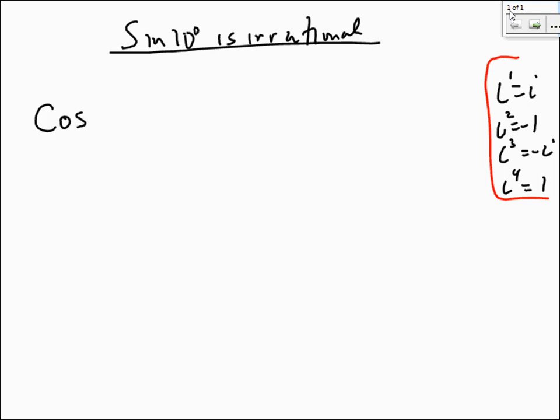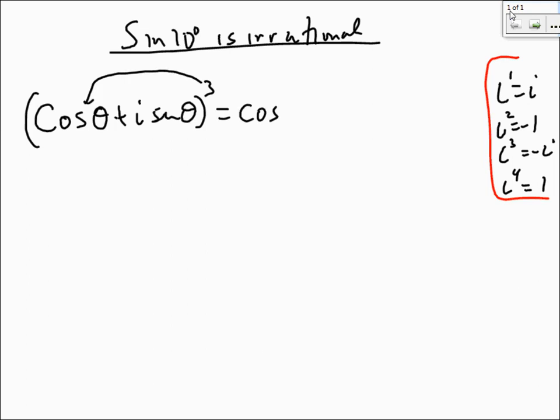We know that the cosine of theta plus i times the sine of theta, cubed, using De Moivre's law, well, De Moivre's law says you can bring the power down and multiply it by the angle.